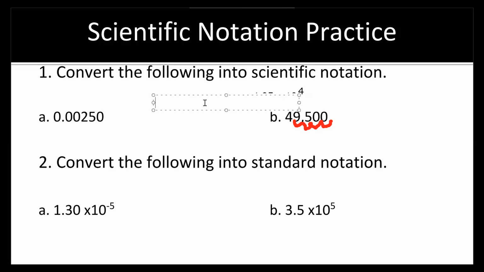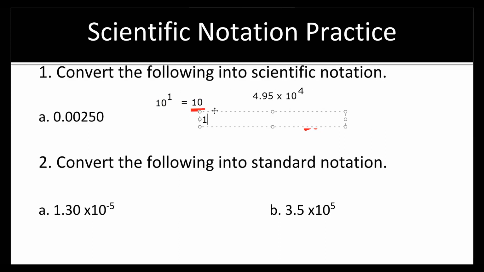If you have 10 to the power of 1, that basically is going to equal 10, or 10 over 1. 10 to the power of -1, on the other hand, is going to be the opposite.